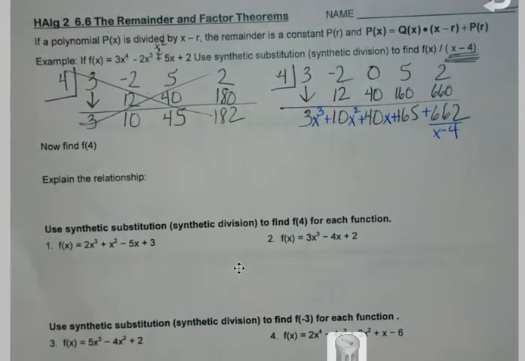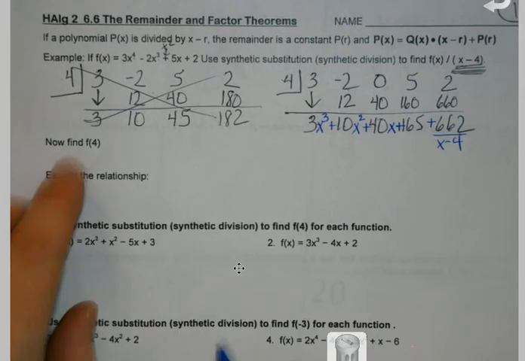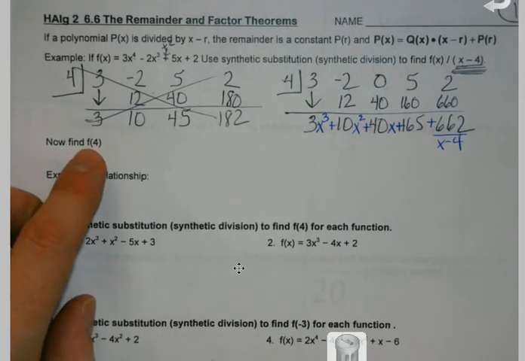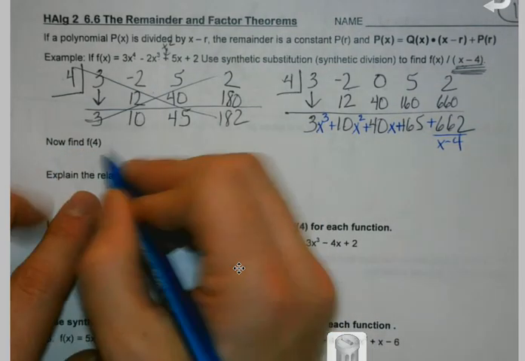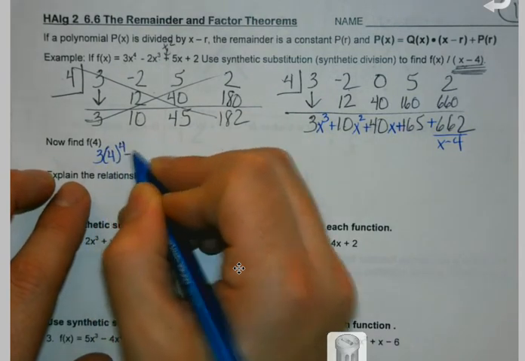Now, here's where we're actually going to start seeing how I can use this whole synthetic division, synthetic substitution to actually take care of something, solve something. Now find f of 4. In other words, take this expression, and everywhere you see an x, replace it with a 4.